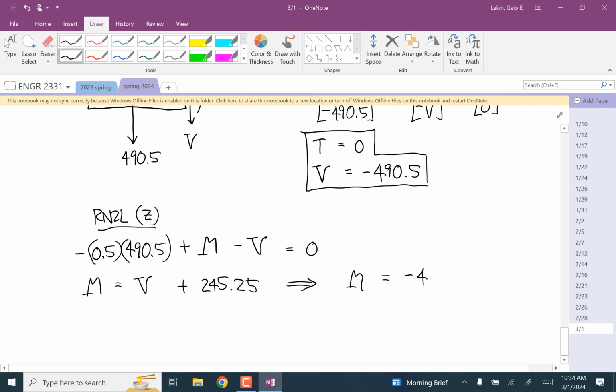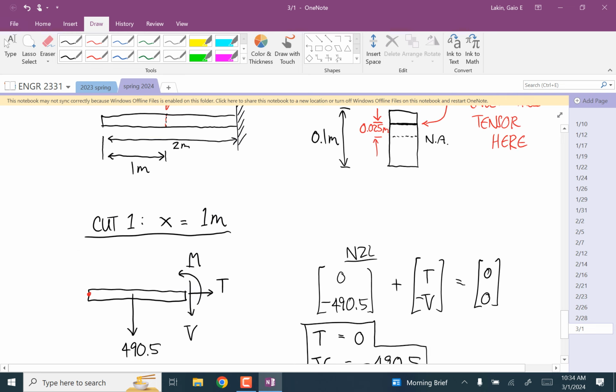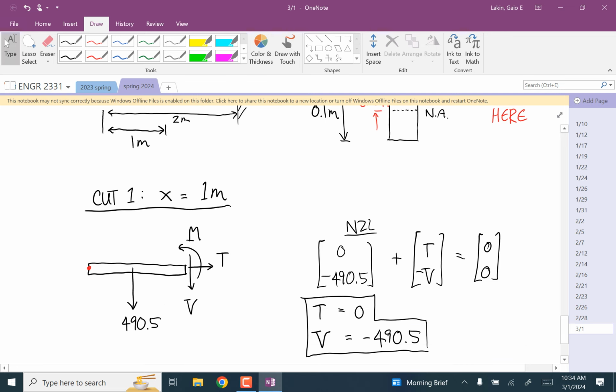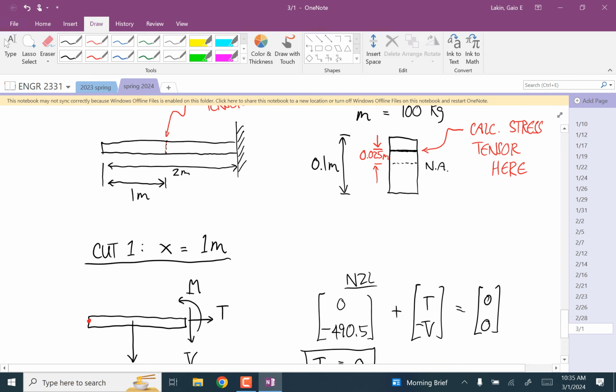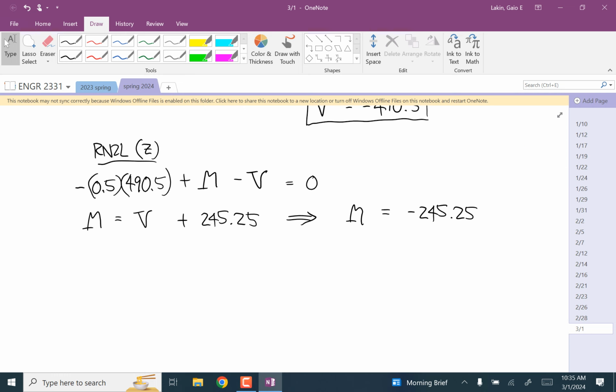So M is equal to negative 245.25. Does that make sense?